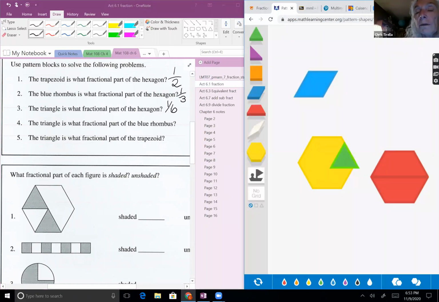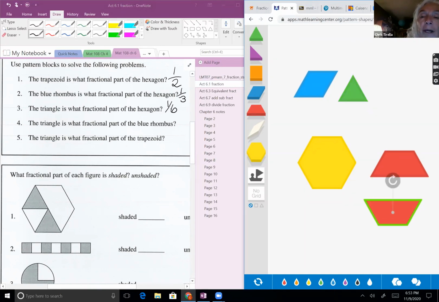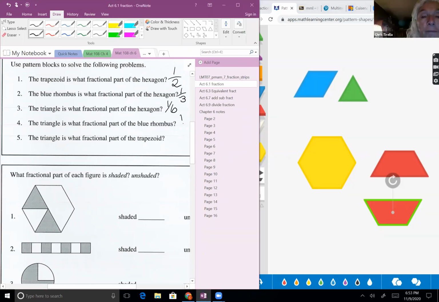Now what we want to do is compare the triangle to the blue rhombus. And so the triangle would be what fraction of the blue rhombus and why? One half because two triangles fit on the rhombus. Beautiful.